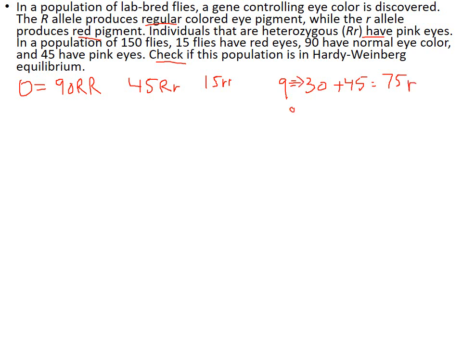So to actually find the q value, I need to do my 75 divided by my total number of alleles. I have 150 flies, so that's times 2, 300 alleles. So 75 divided by 300, 0.25 for my q. Now I can find the p by doing 1 minus q.